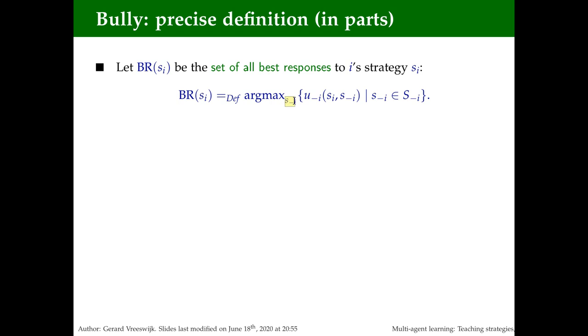So the left hand side is a set, and the right hand side is also a set: the set of all counter strategies that have the highest utility against your strategy. These are just the best replies of your opponent. So this is a set that is computed by your opponent, not by you as a proponent.